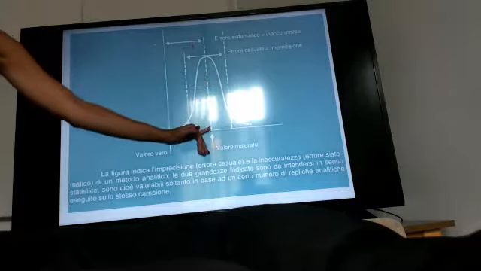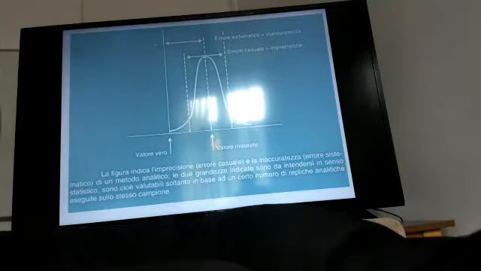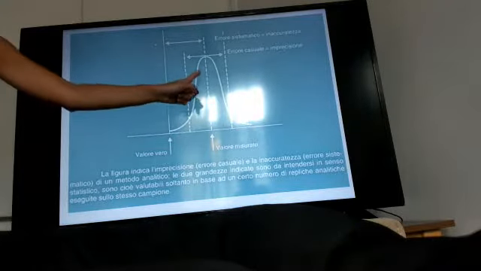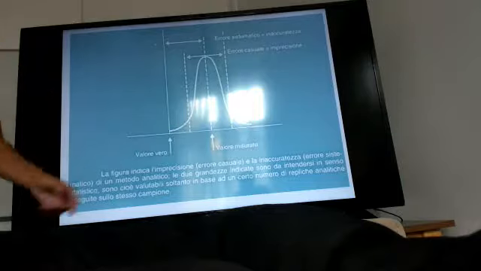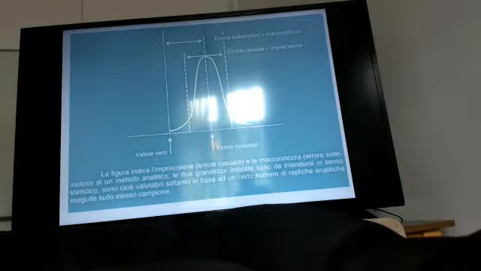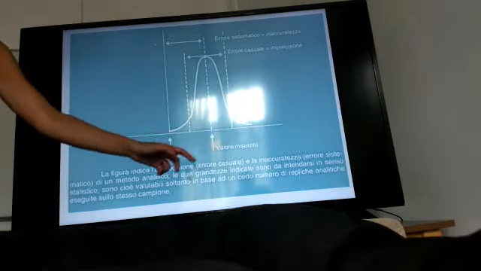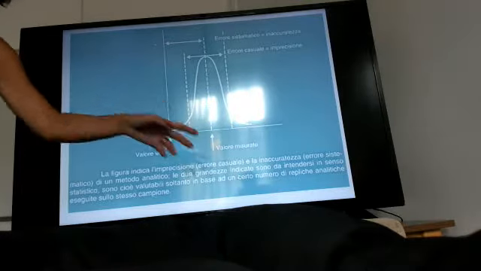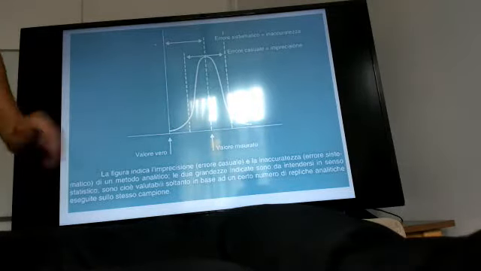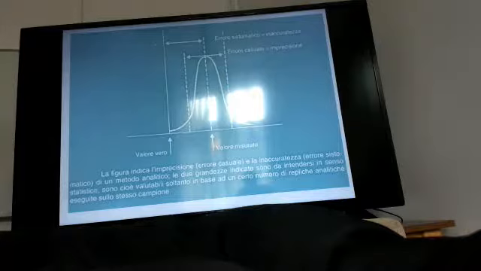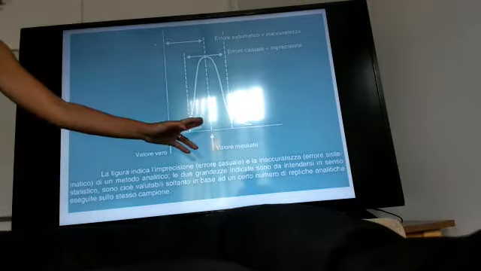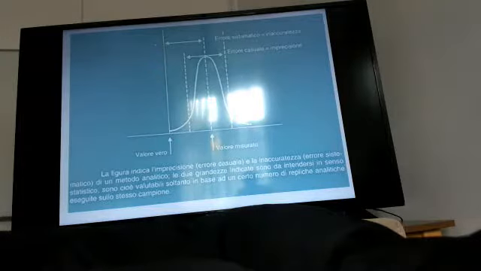If this is my true value, and now I take the same sample with the same technique and analyze another time, I will probably obtain another value that stays here. Not exactly the same. Another analysis and it stays here. Another analysis and it will stay here, and so on. If I measure 100 times, I will obtain a distribution of values where most of the values will be around an average value. So they will be similar, nearest.